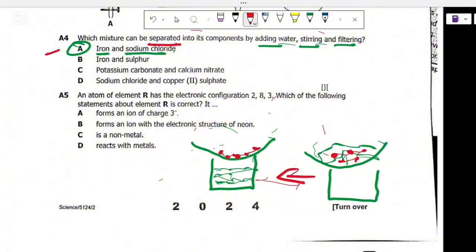So they are going to remain there. That is how we are going to separate that. That's how we use filtration to separate the two.